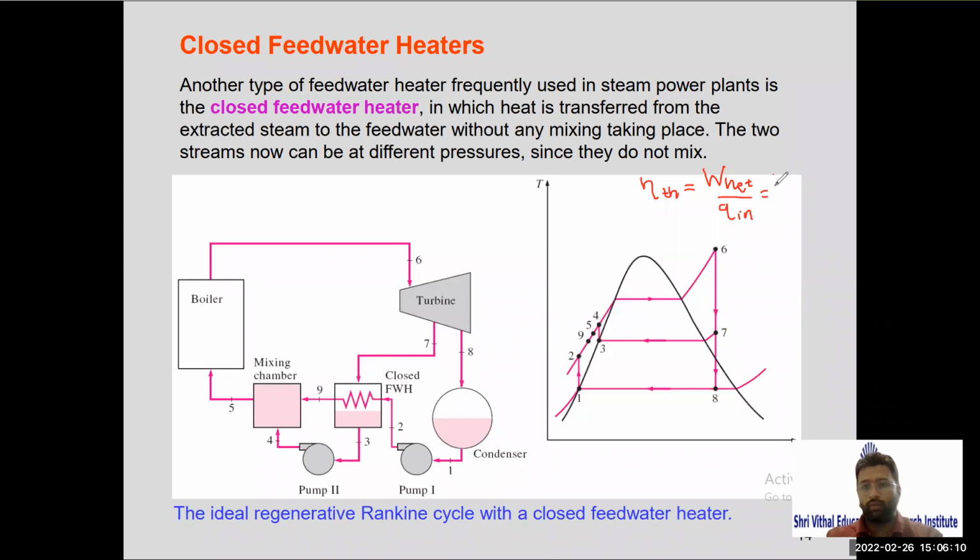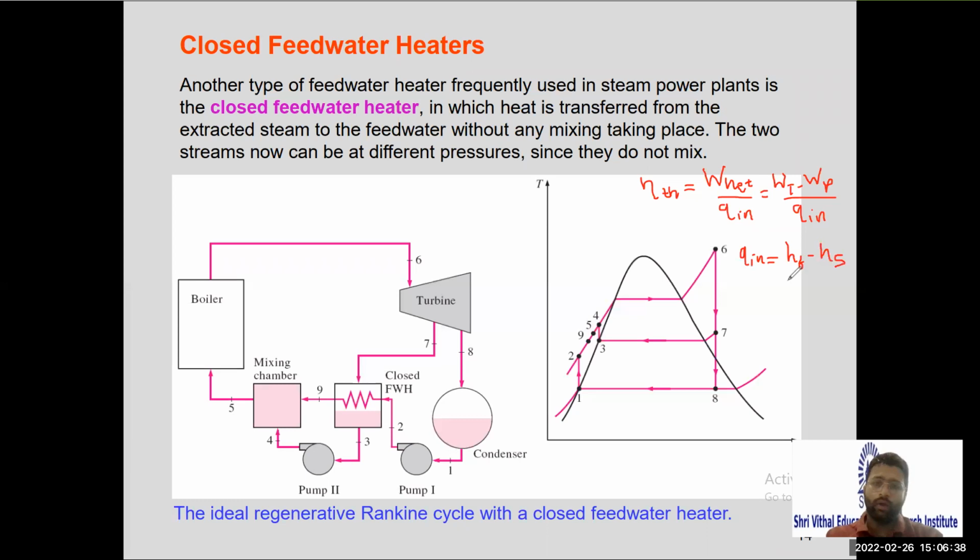W net, you know, is the turbine work minus pump work, divided by Q in. What is Q in here? Q in here will be H6, that is the steam enthalpy, minus the water enthalpy, that is H5.